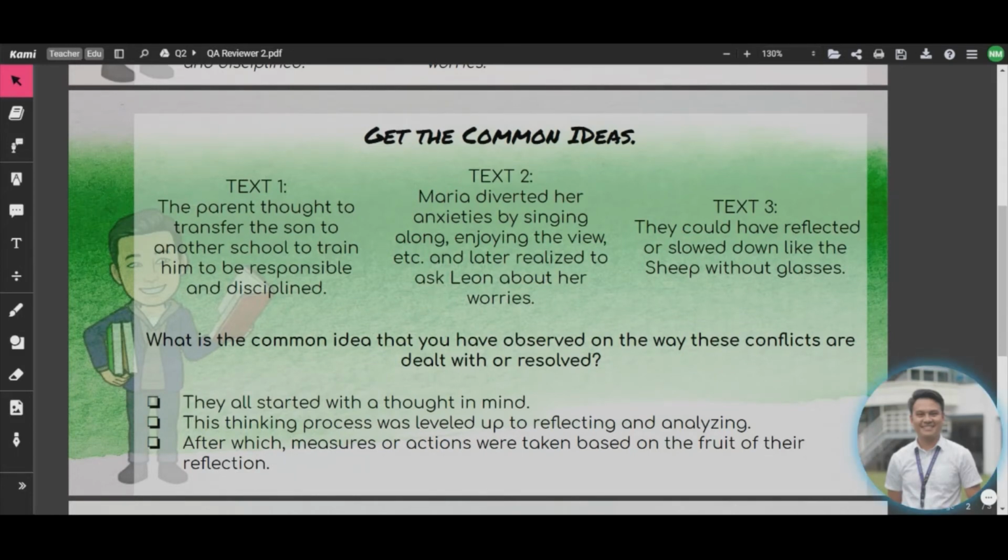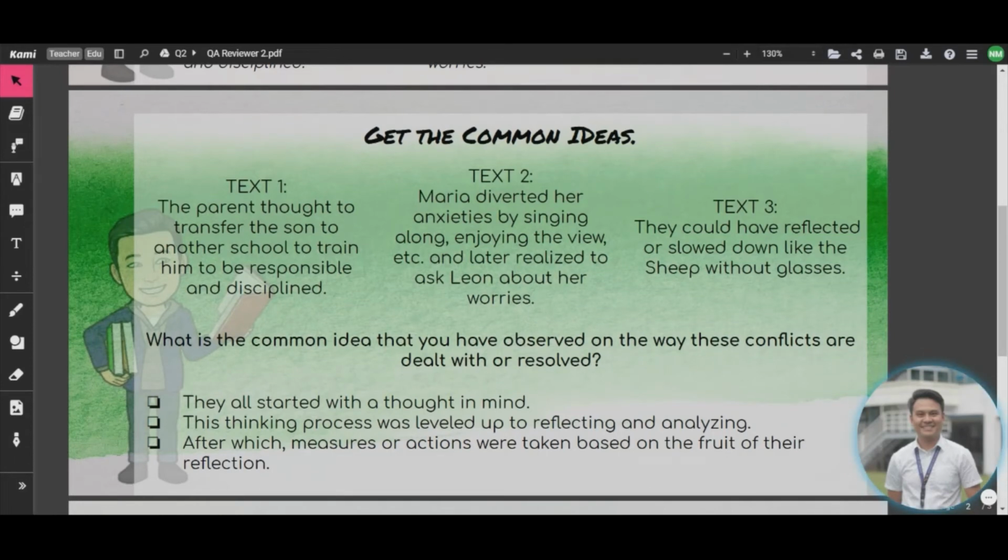Number 2, this thought went through a thinking process which was leveled up to reflecting and analyzing. This can be contextualized in examining and looking into the situation that the parties are involved in, and this is being reflected on how they can better address the conflict or the issue.